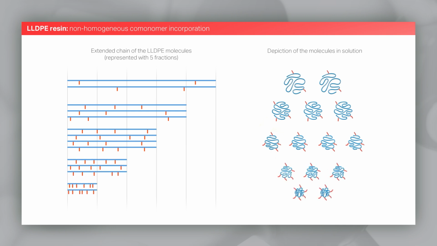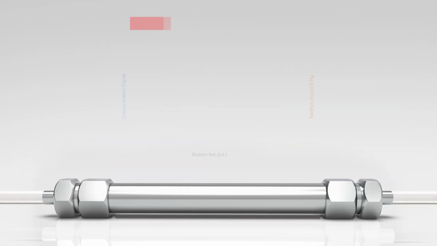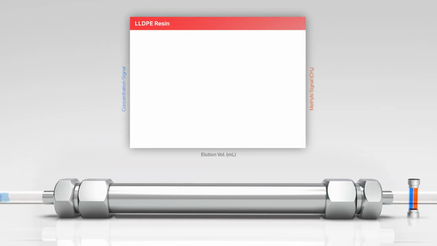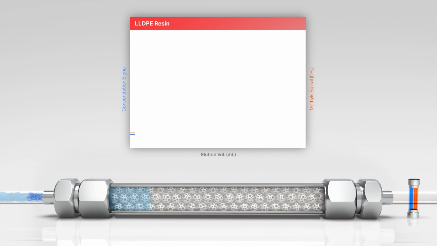Composition is required. With linear low-density polyethylenes, we see that, when performing the GPC analysis with the same infrared detector as before, we simultaneously obtain the concentration and composition signals.